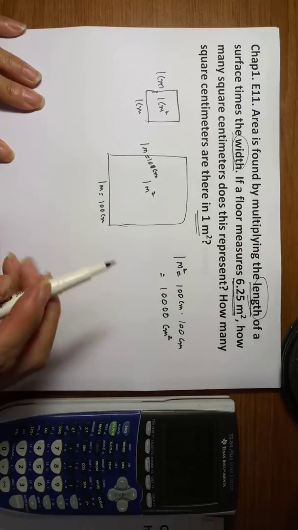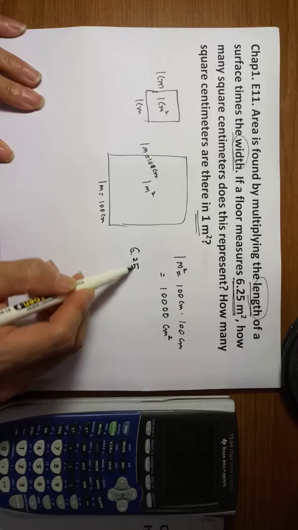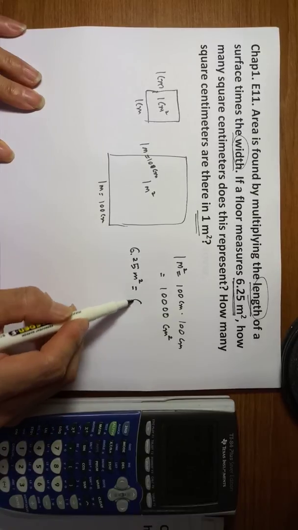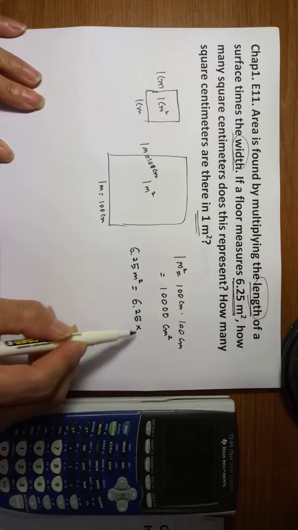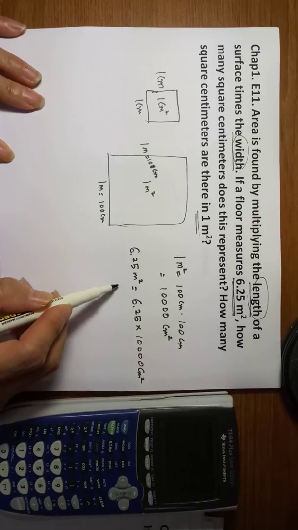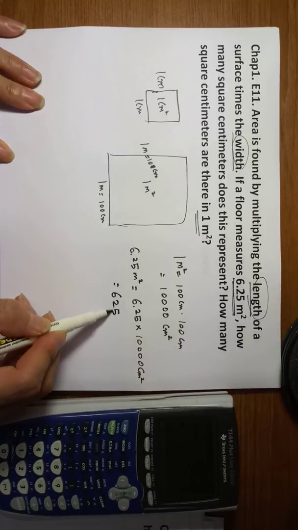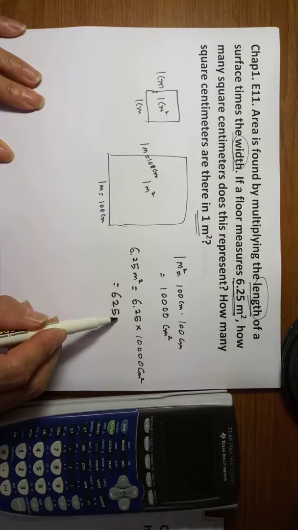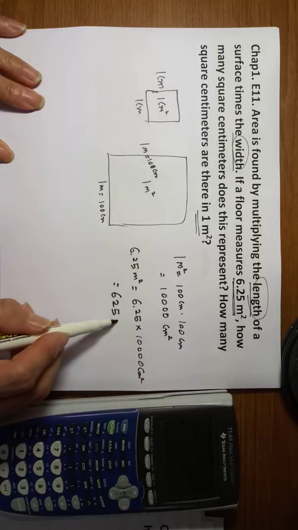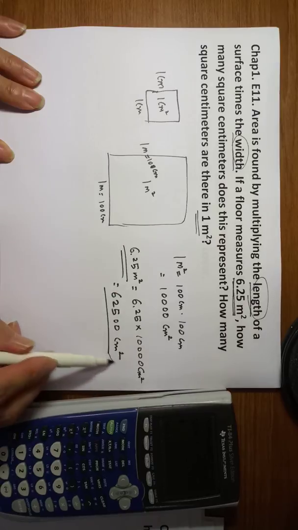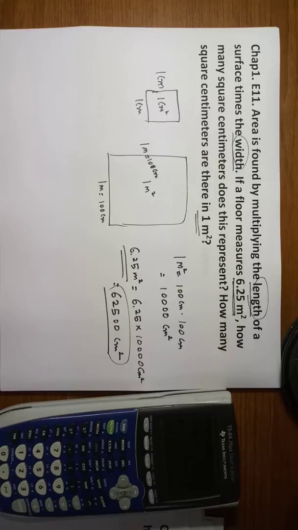Same way, 6.25 square meter equals 6.25 times 10,000 square centimeter, which is 62,500 square centimeter is 6.25 square meter. Okay, let's continue to the next one.